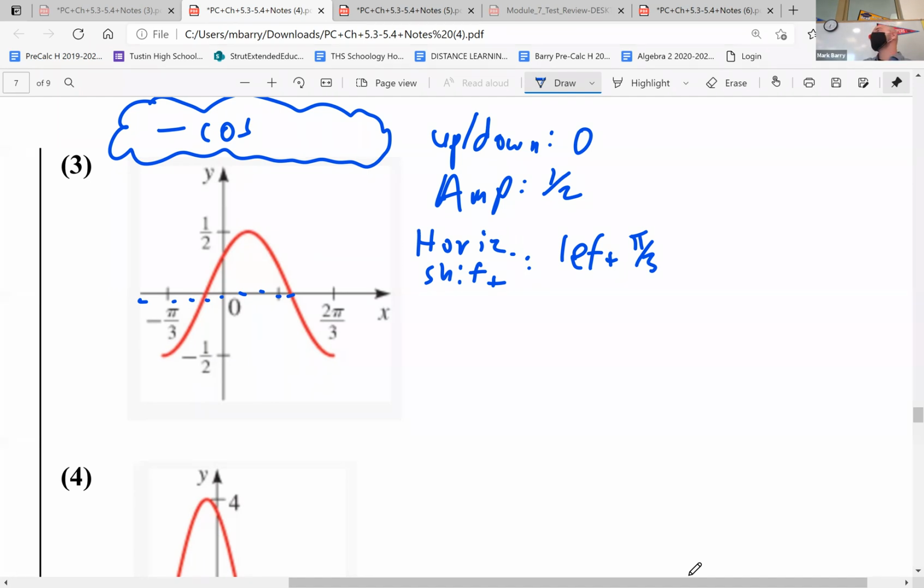All right, period on this one is kind of tough. So we know the period, it's a horizontal distance from here to here.